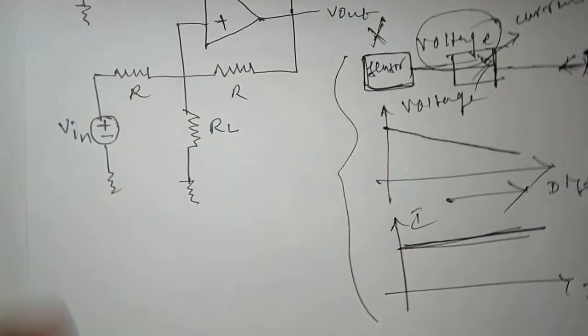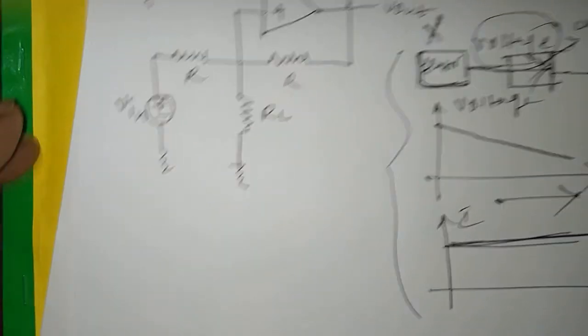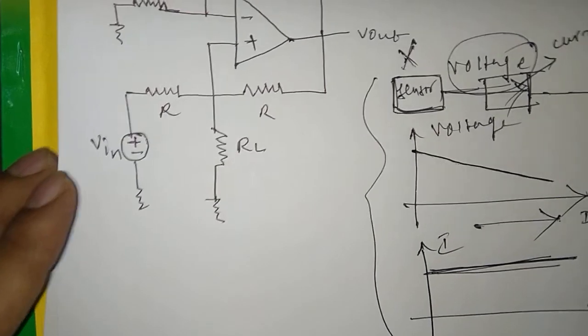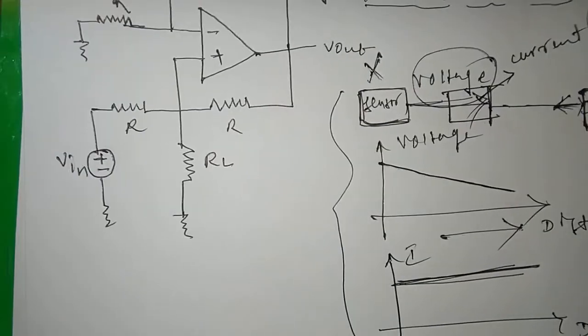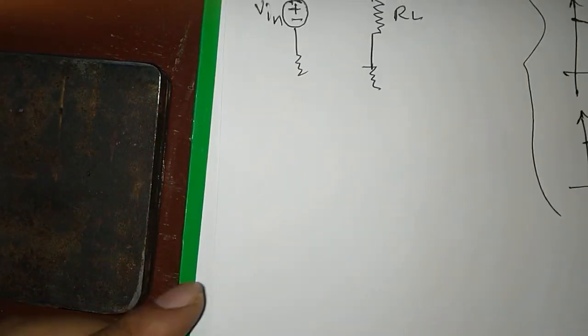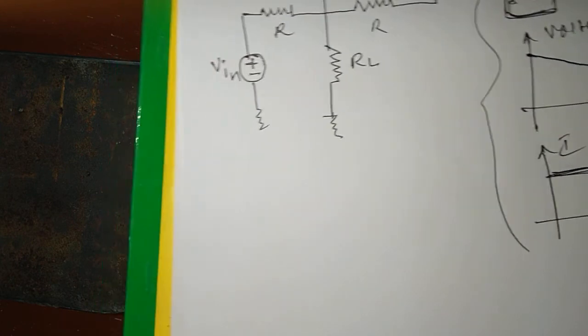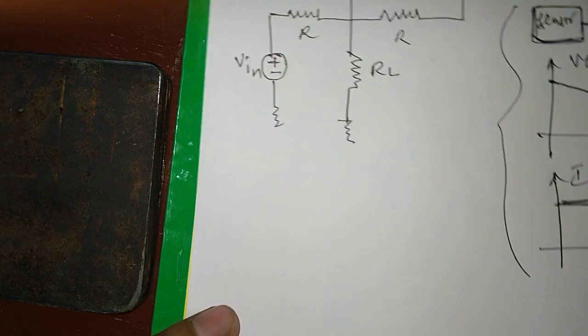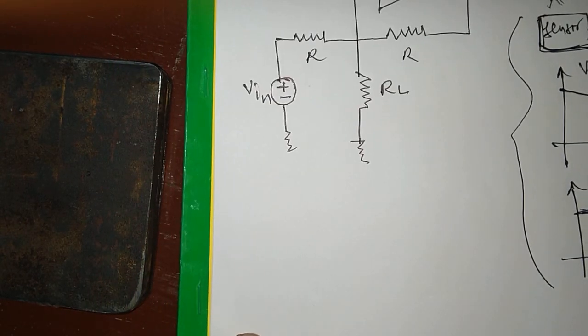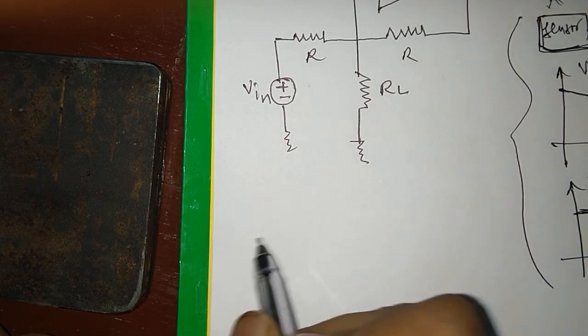Now, conventionally, what we have learnt: what is the procedure to convert voltage to current? Through a passive circuit. We call it a passive circuit.